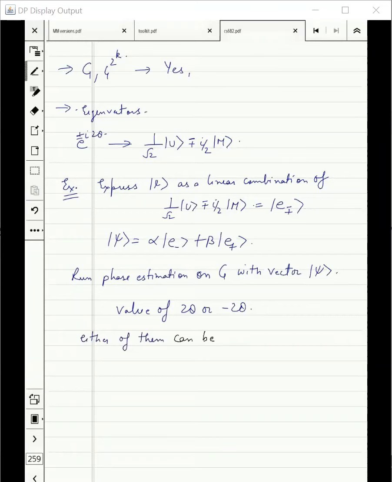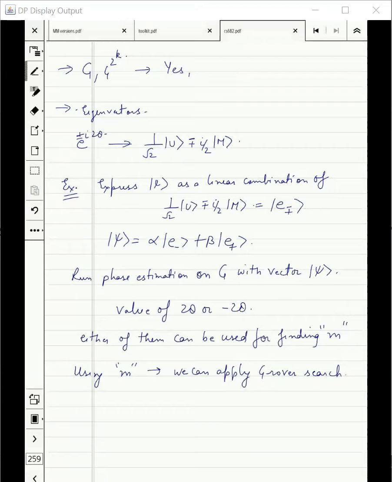Either of them can be used for finding M. Using M, we can apply Grover's search, which was the initial target.